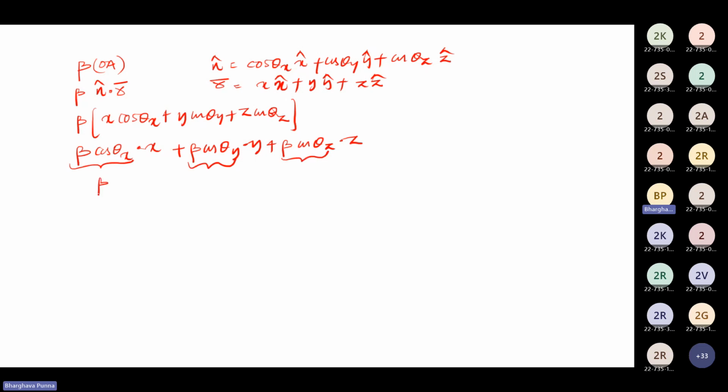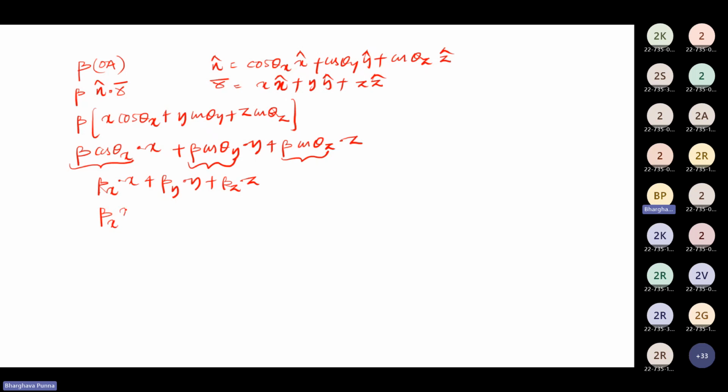So I'm taking beta x into x plus beta y into y plus beta z into z. We are just remodifying the equation. Now it looks like the dot product of two vectors. One is x, y, z, the second one is beta x, beta y, beta z. So we can rewrite it like this.